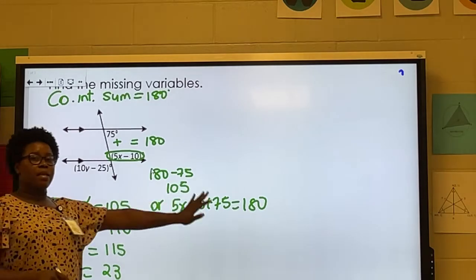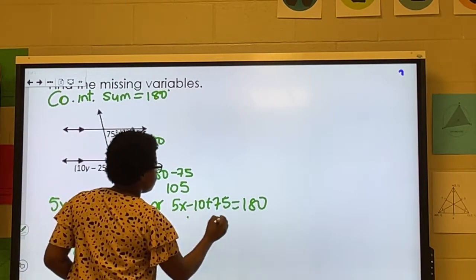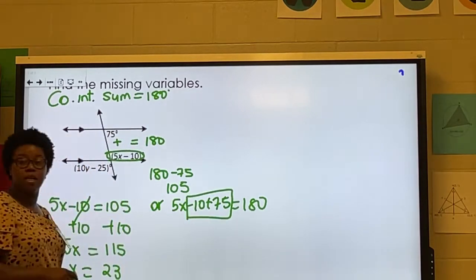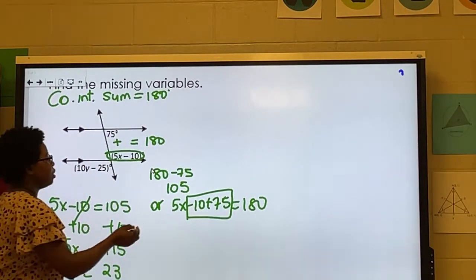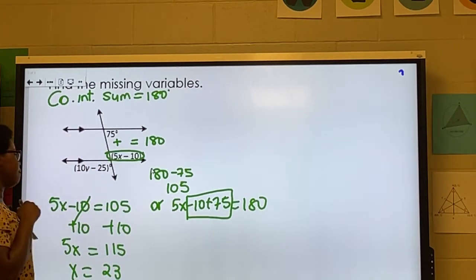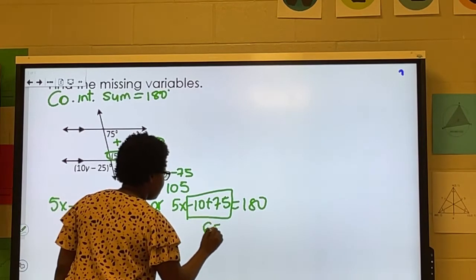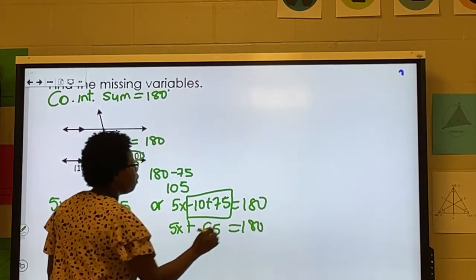I'm going to use this other method as well to show you that the answer will be the same. First you can group these two because they're like terms, because they're all constants. So negative 10 plus 75 would give you 65, and that's added to 5x and that's equal to 180.